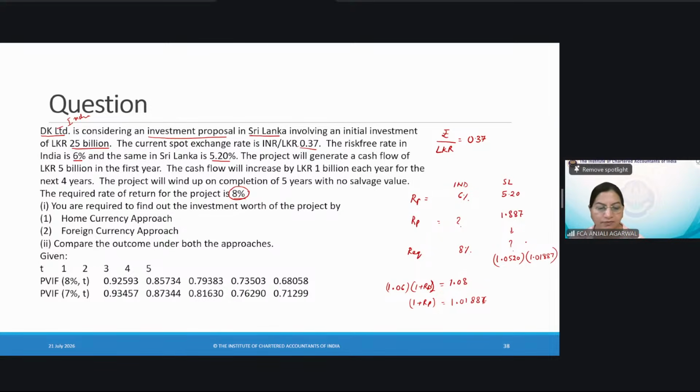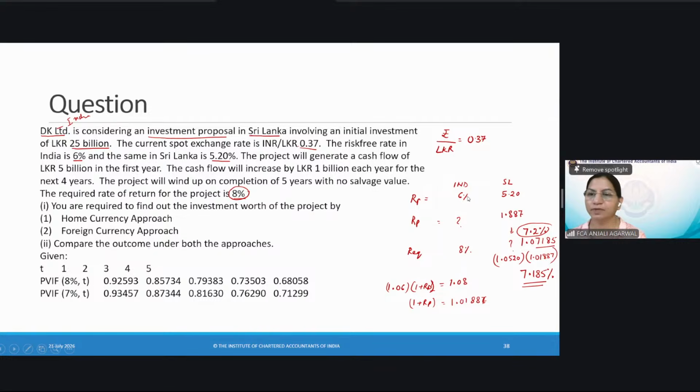So the required rate is 1.07185. I'll round it off to 7.2%. So the required rate of return is 7.2%. Or we can use 7.185% also. It will cause a little difficulty in calculating the present value, a little cumbersome. Otherwise, 7.185 would be more appropriate.